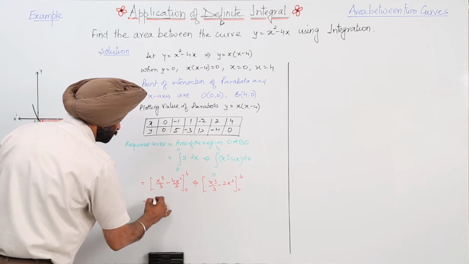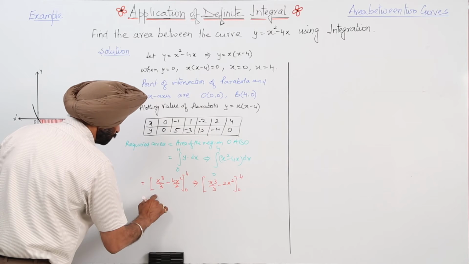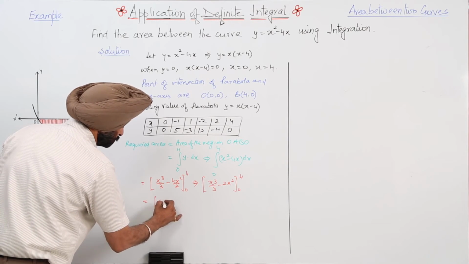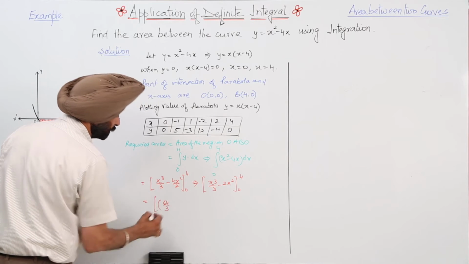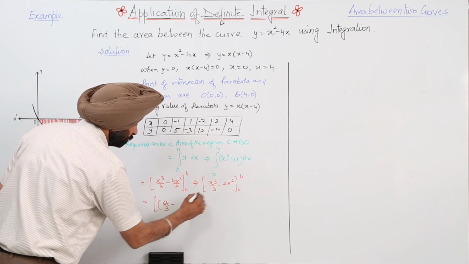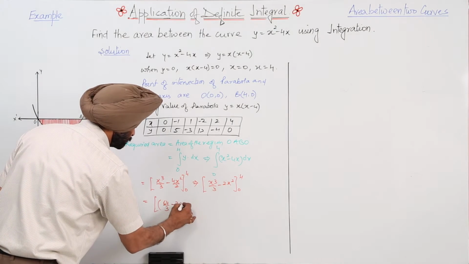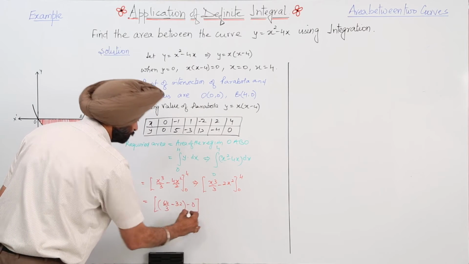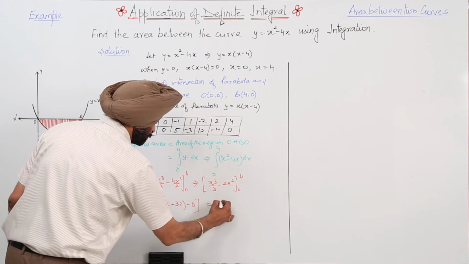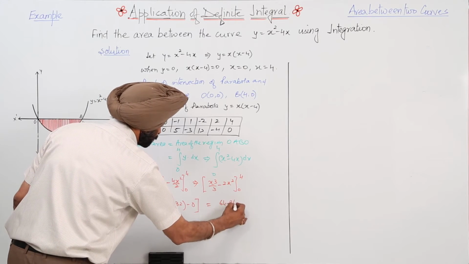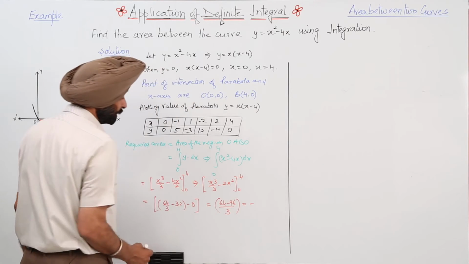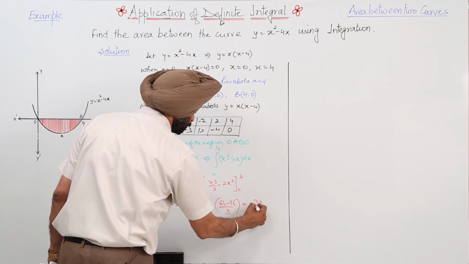Now this is equal to 64 upon 3, because x we have to take 4 cube, 64 upon 3 minus 16 with 2, it is 32, minus 0, because x is 0. Now this we are getting as 64 minus 96 upon 3, and this is equal to negative of 32 upon 3.